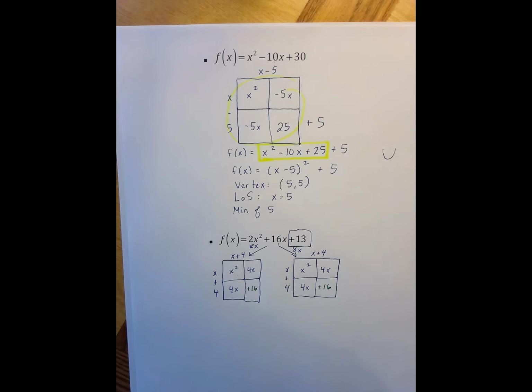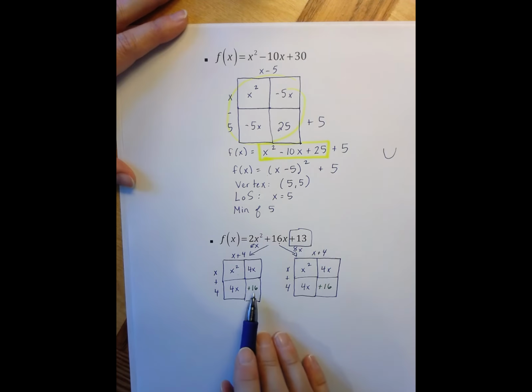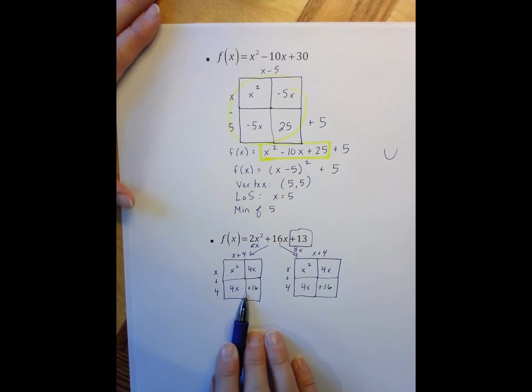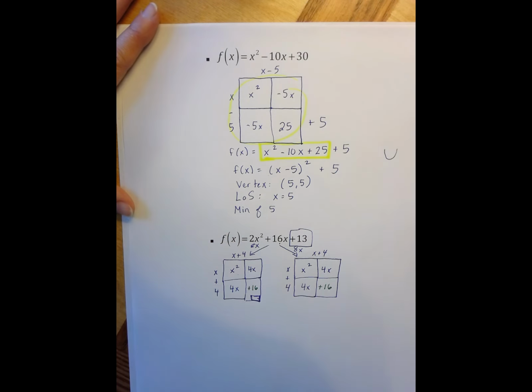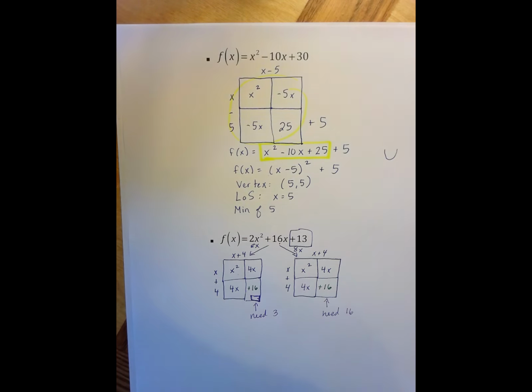So now I need to figure out this 13 business. I have 13 tiles to place in these green spots, in my plus 16 spots. So what that ends up meaning is that I place my 13 and I'm left with 3 empty. So I need 3. And then I need all 16 here. Remember, in that first example when we needed tiles, we ended up having to borrow them from an extra pile.